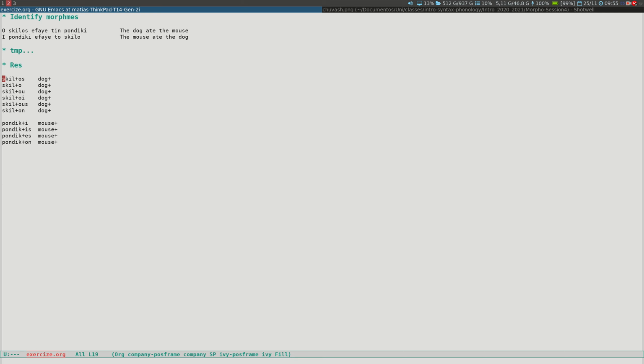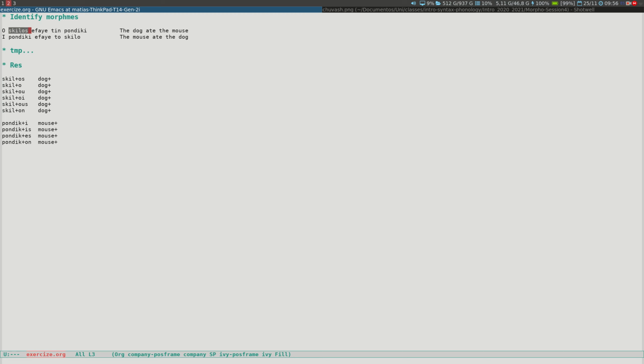As I mentioned, I've already picked out the forms here, but you would have to do this on your own in the exercise. So what have we seen so far?